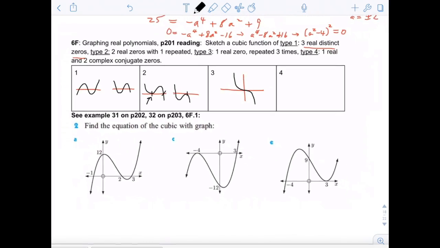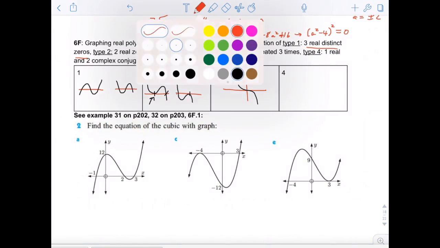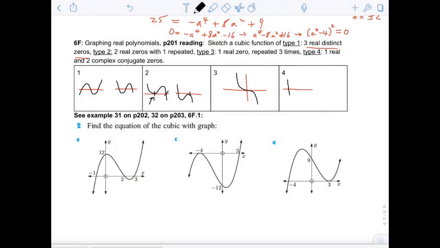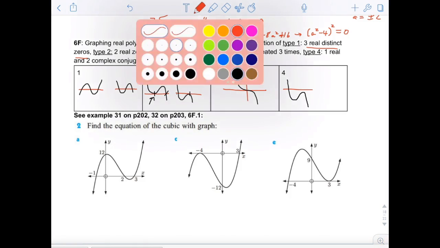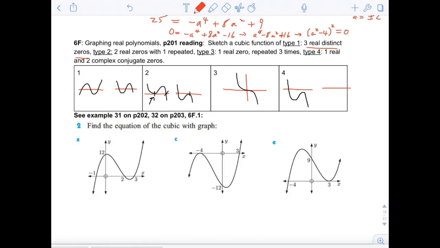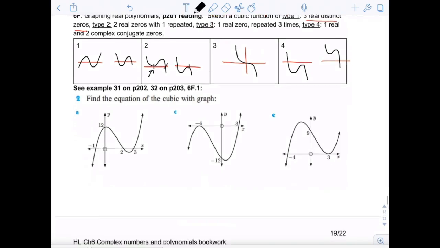So that would be something like it crosses once, and the other time it doesn't even cross. It just goes up, comes near it, and then turns around. So it could be like that, or like that. Okay, so those are the 4 types of cubics.